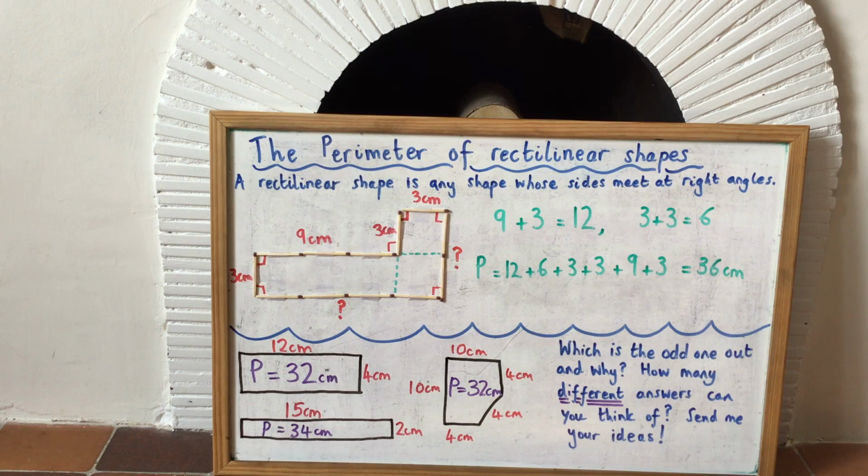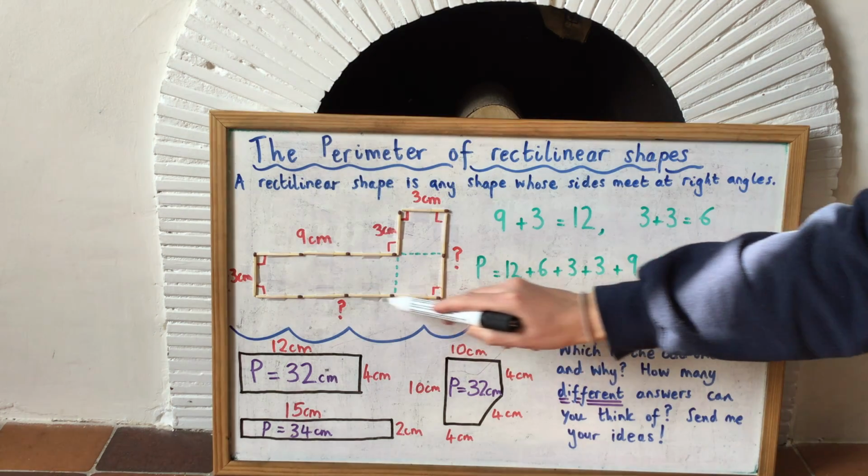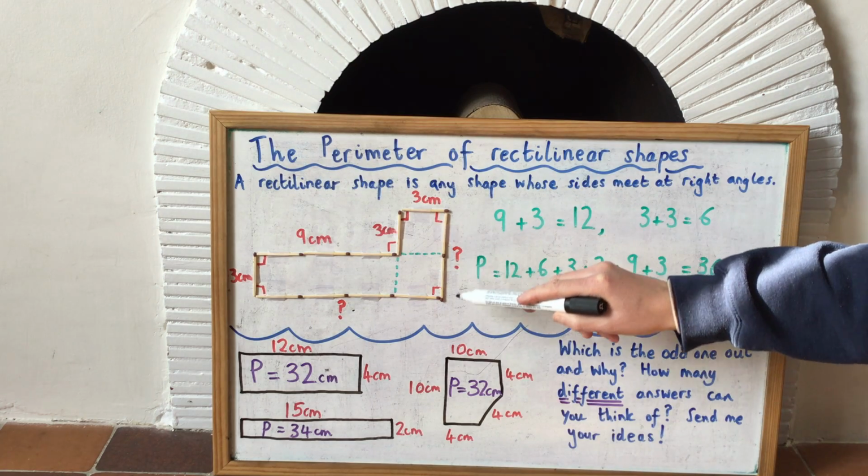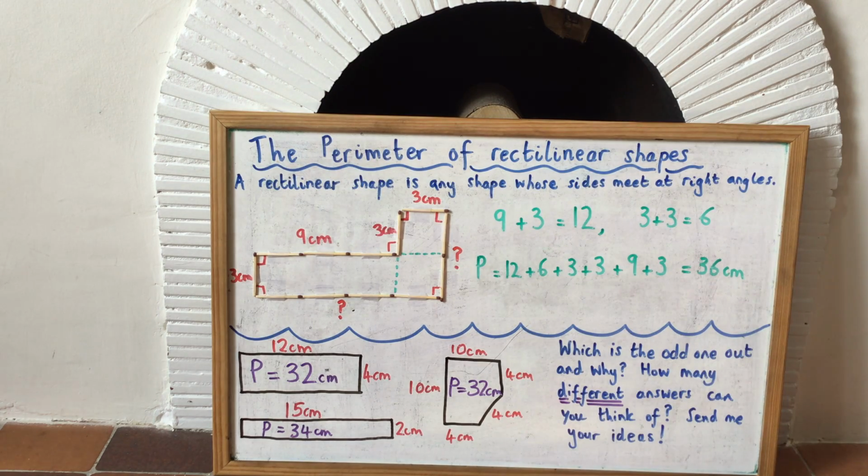But we haven't been given the length of this side, we've got a question mark there, and we haven't been given the length of this side. So before we even try and find the perimeter, we must first try to find the missing lengths.